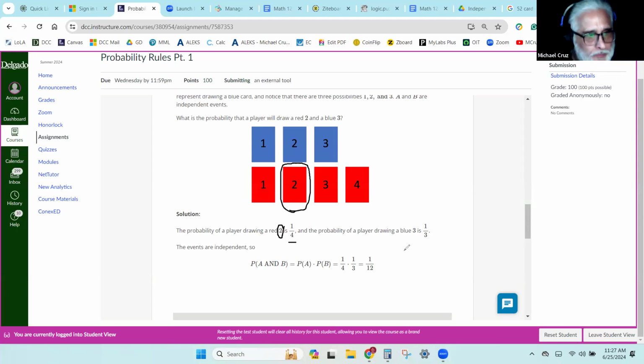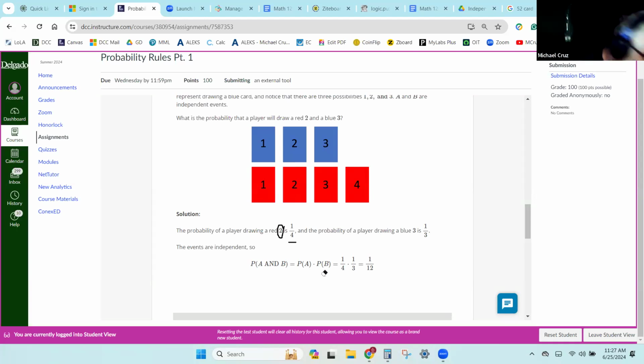So now these are independent events. At first, I was a little bit confused because there's 7 of them. So I was kind of thinking, well, there's one red 2 out of 7. But these are separate, the blue and the red. All right. So since they're independent, we want and, then we just multiply them.